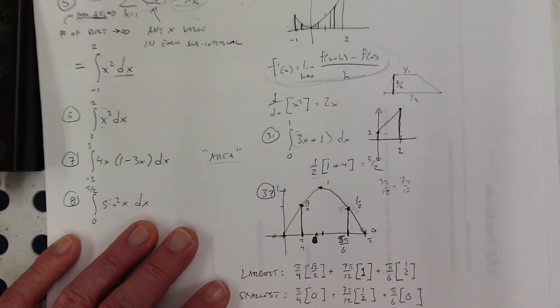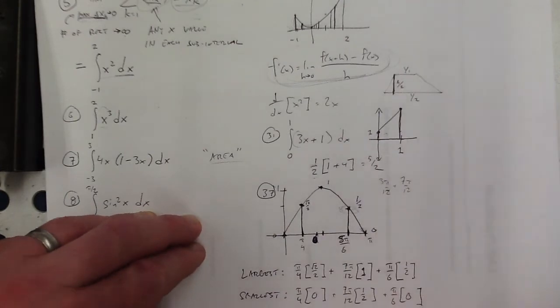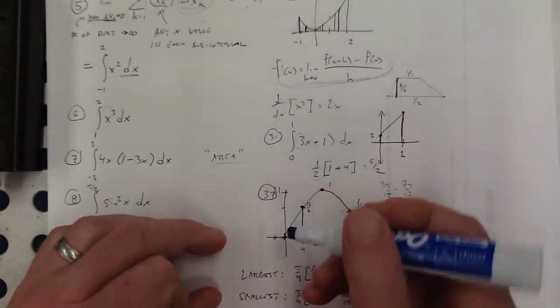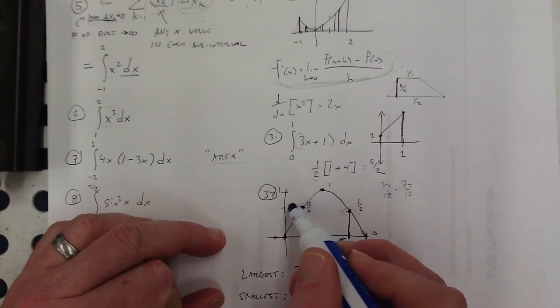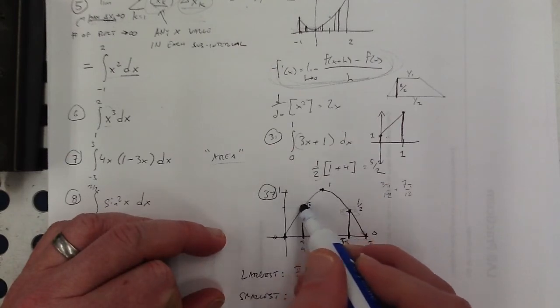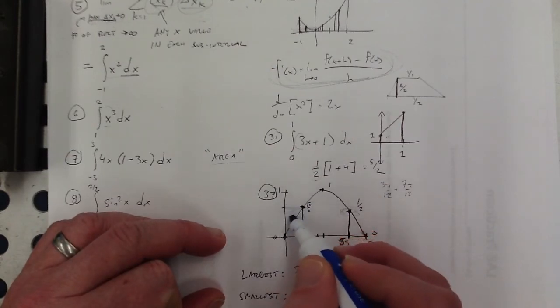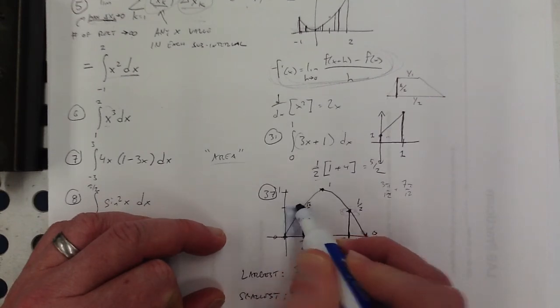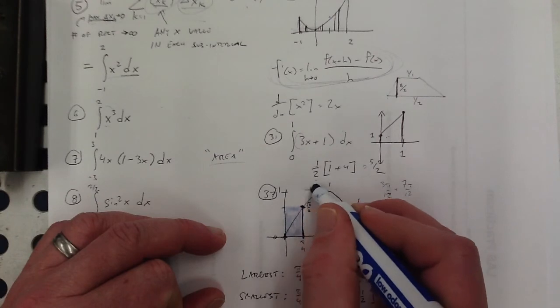All right. And neither one of these is a particularly good approximation of the area here. I'm going to draw them in. So my largest one looks like this. Oh, there might be just enough juice in this marker to get something.